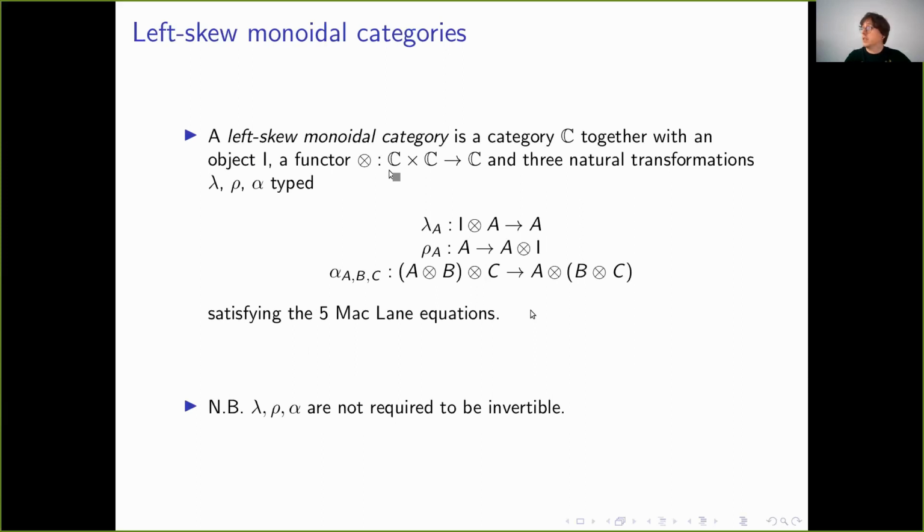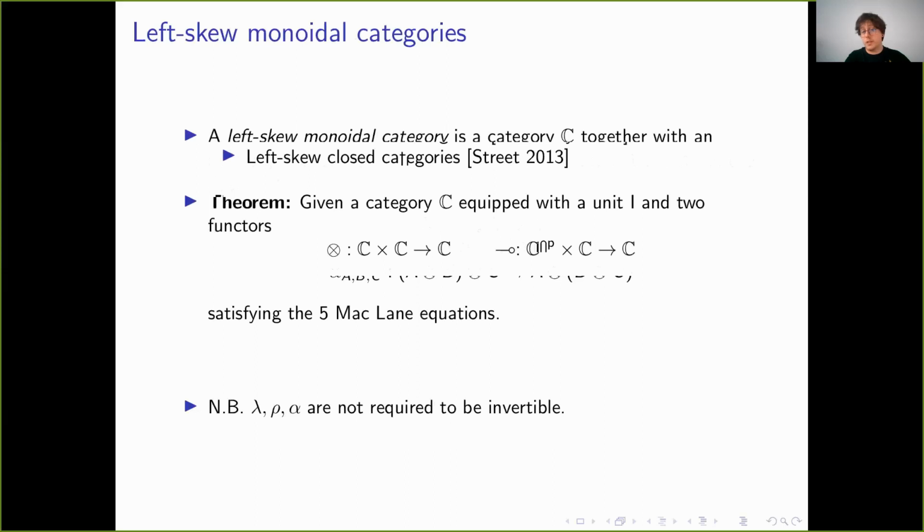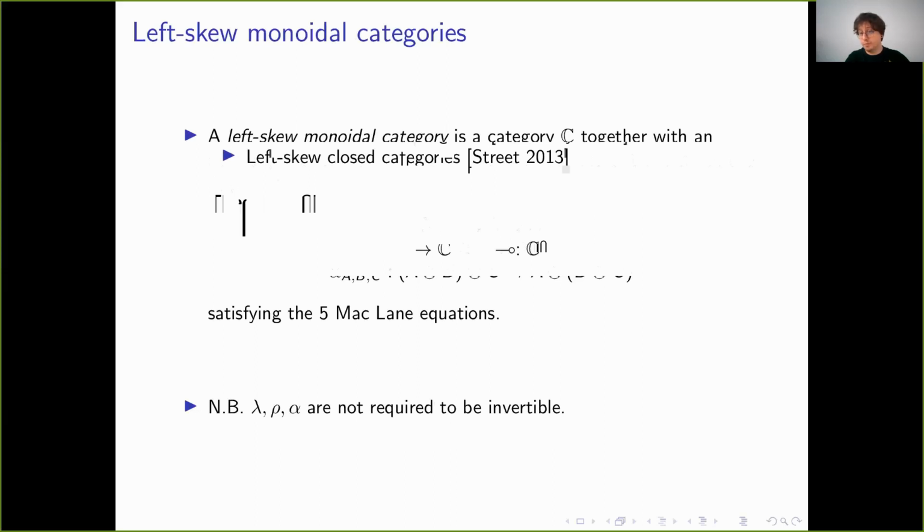The notable difference with the definition of monoidal category is that these are not required to be invertible, but only natural transformations in the direction written down here in the slide. And this has to satisfy all the 5 Maclane equations.